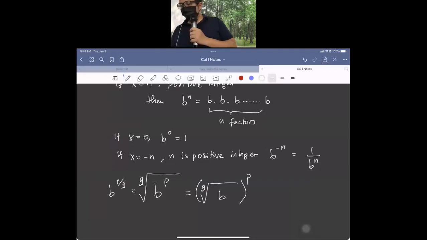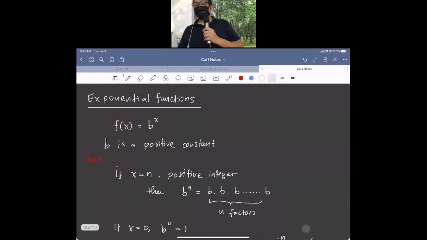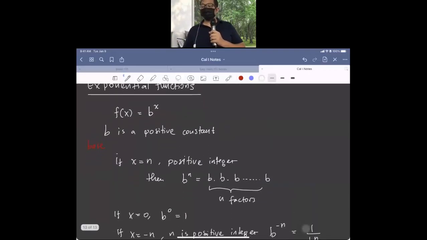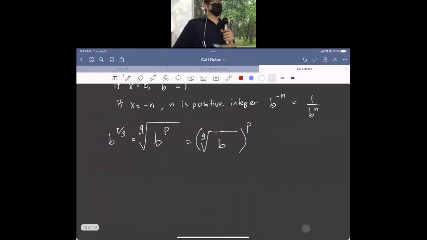So I have right here, if x is a positive integer, but it also confirms that when we have an irrational number, this is also true.